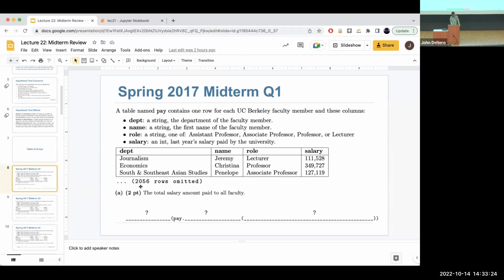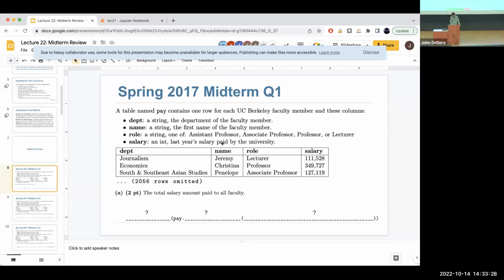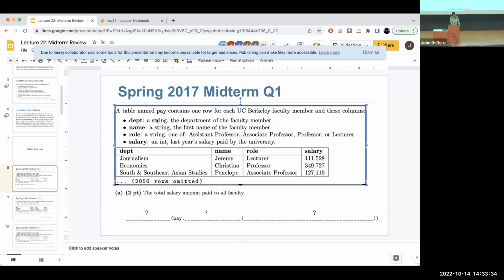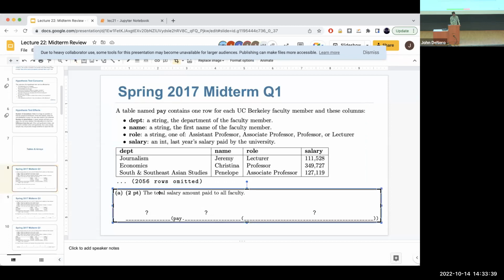If you have a question like this, which I think has shown up on every Data 8 midterm for all time, make sure you keep track of what columns there are and what kinds of values they contain. And then you're in the position of computing some value. Do it in steps.